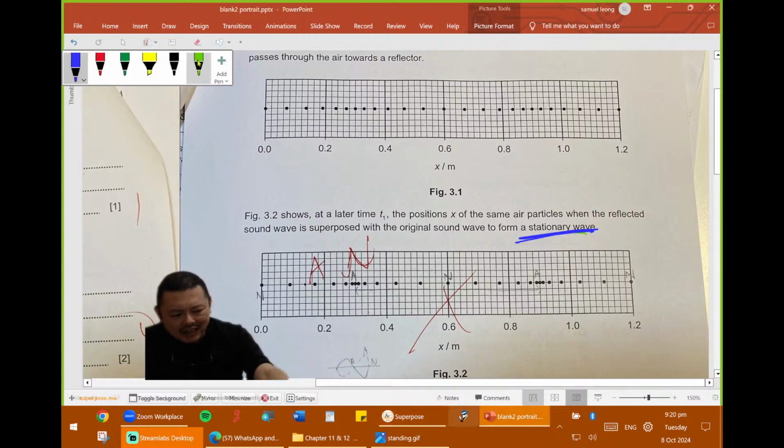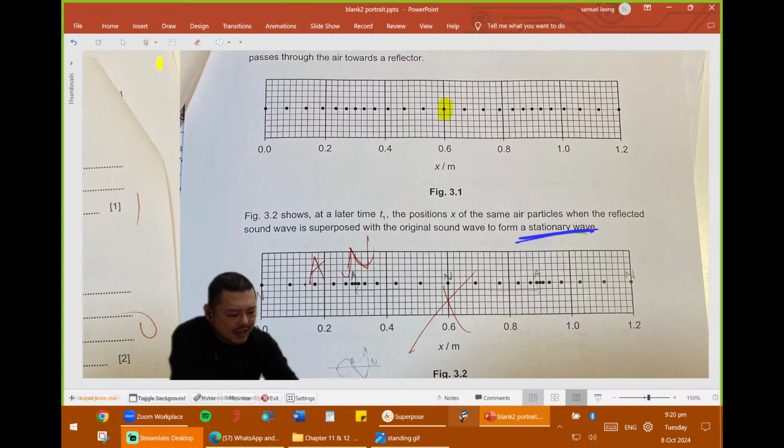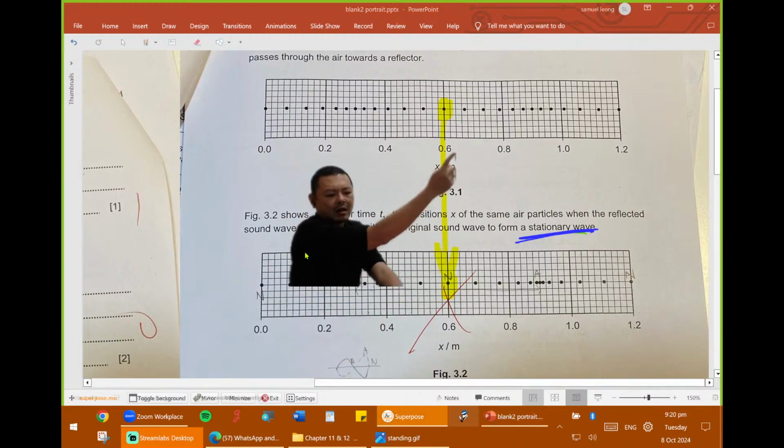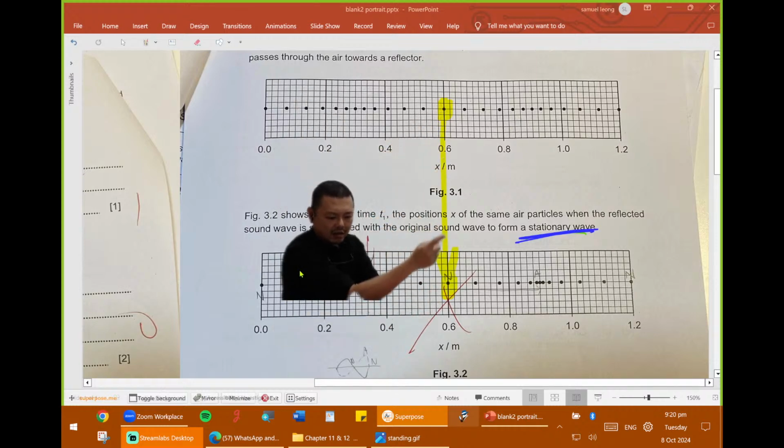So this is not the same as in secondary school. In secondary school, when you were supposed to find the amplitude, you looked for the particle that has the maximum displacement. Do you notice that this particle here, the one I just highlighted yellow, didn't move at all?